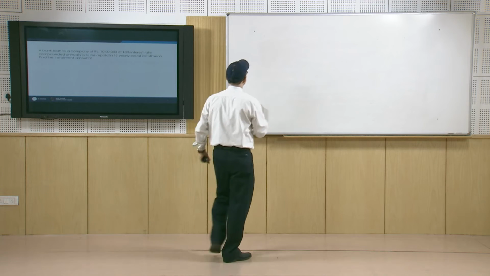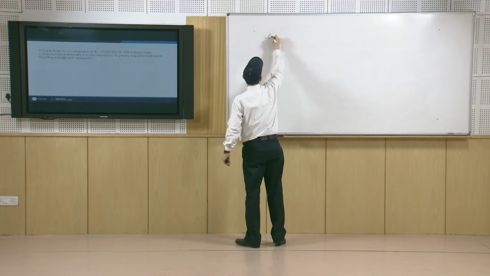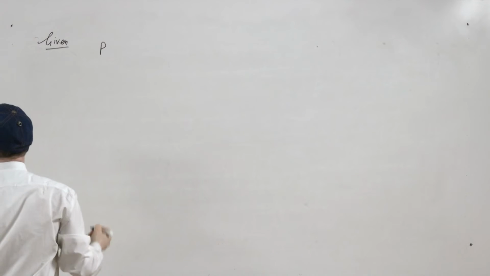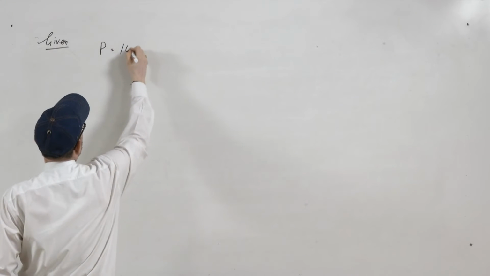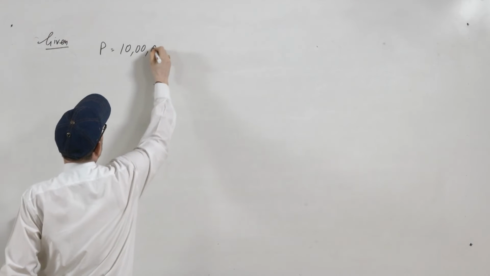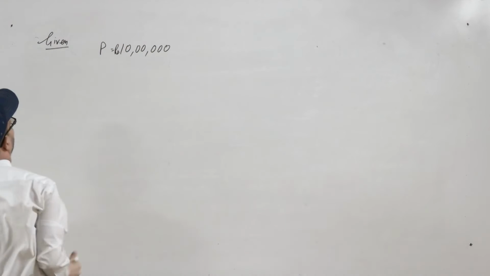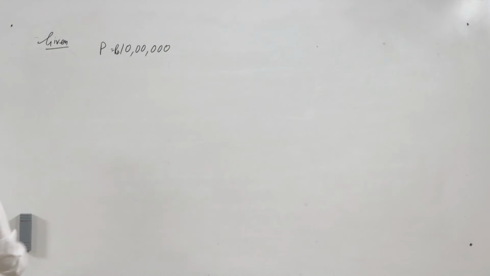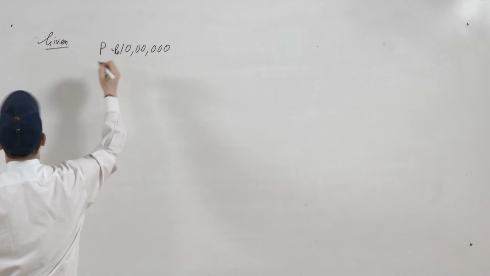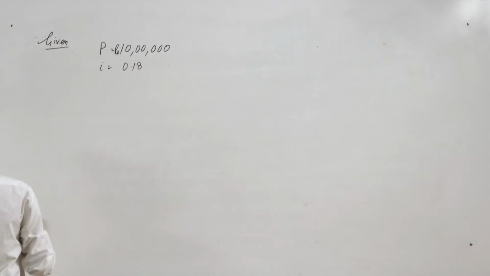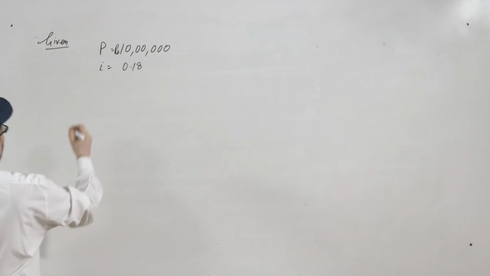So, in this case we are given P as 10 lakh, interest rate as 0.18, and N as 15.